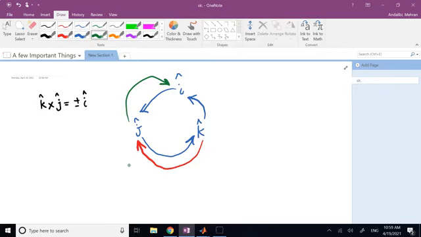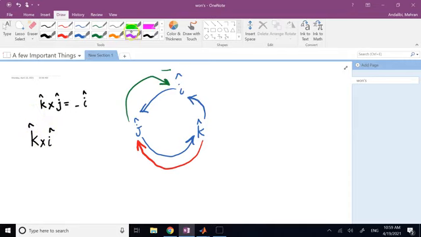In real life, if you go opposite to the direction of the traffic circle and there is a police officer, they give you a ticket. Here it's the same: if you go against the direction of the circle, you get a negative. So the result in this case is negative I.